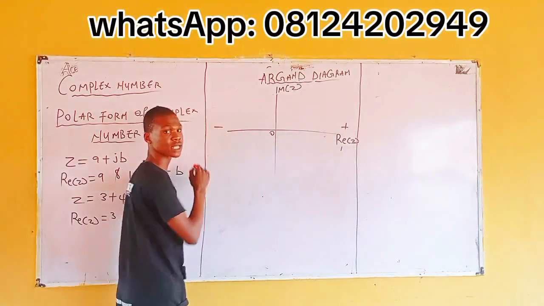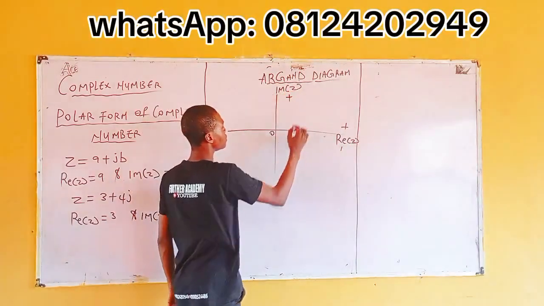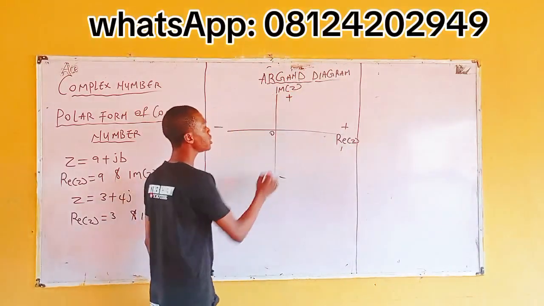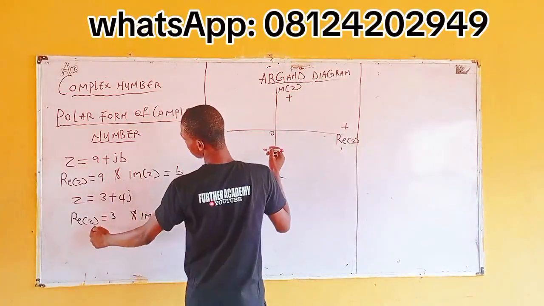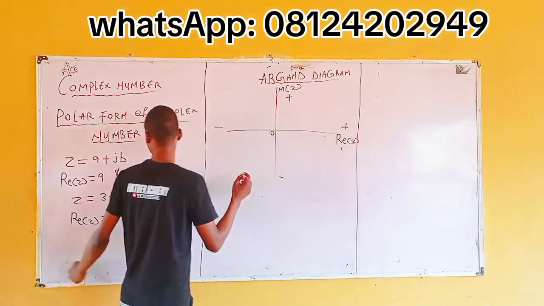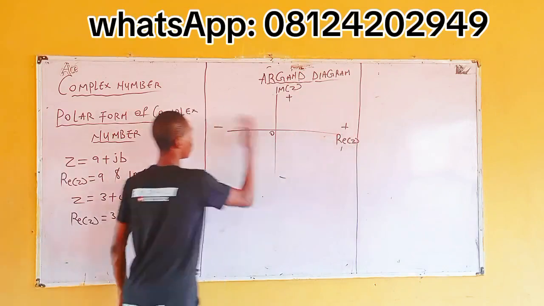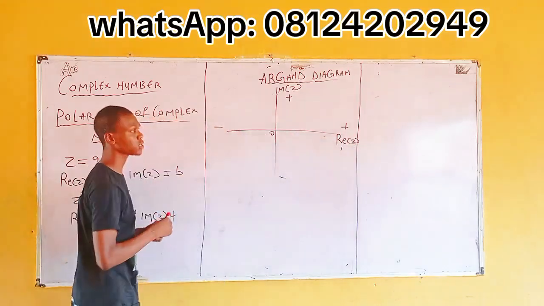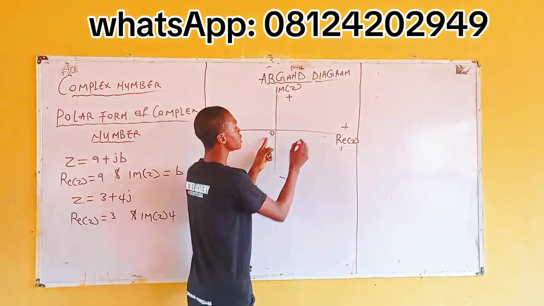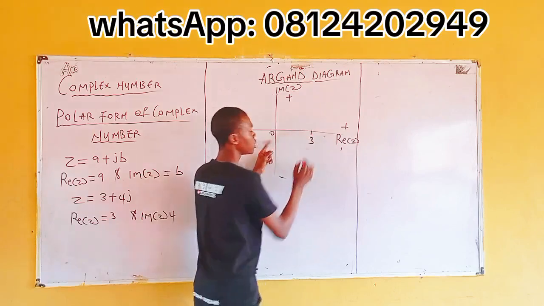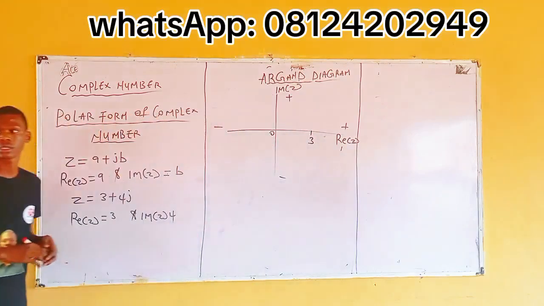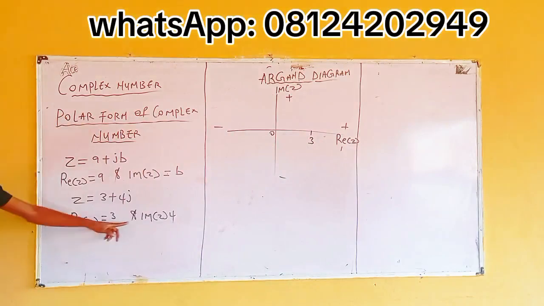This is the negative side. This is the positive. This is the negative. Meaning, our real part of z is on the x-axis, right? Will it be in the positive region or negative region? Positive region. So if this is the origin, let's say you have 3 here. Any question?